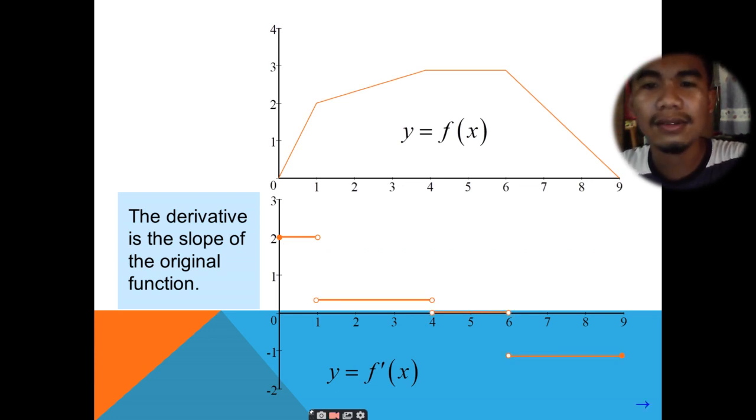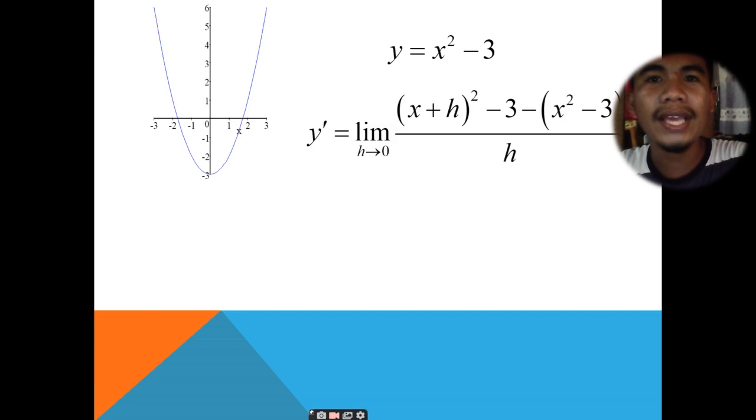For example, y equals x squared minus 3. We are going to distribute: y prime equals the limit of the quantity x plus h squared minus 3, minus the quantity x squared minus 3, over h as h approaches 0.